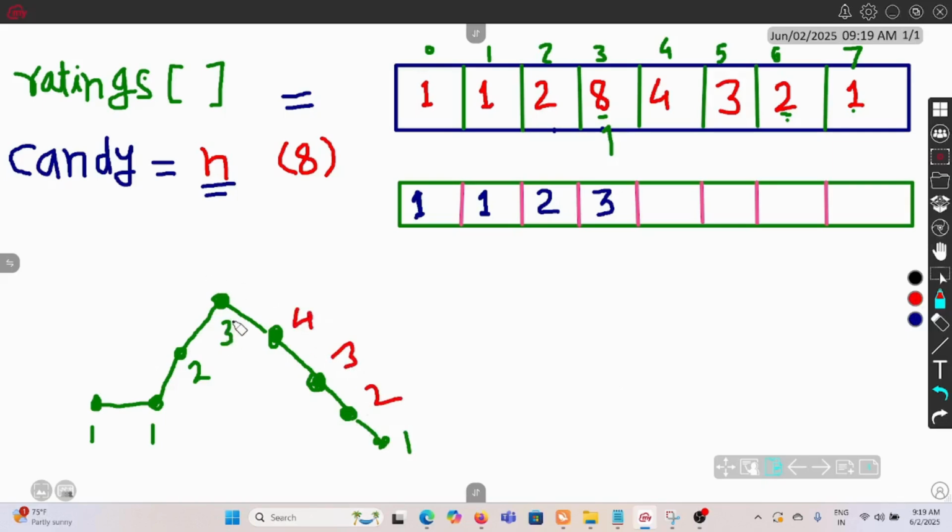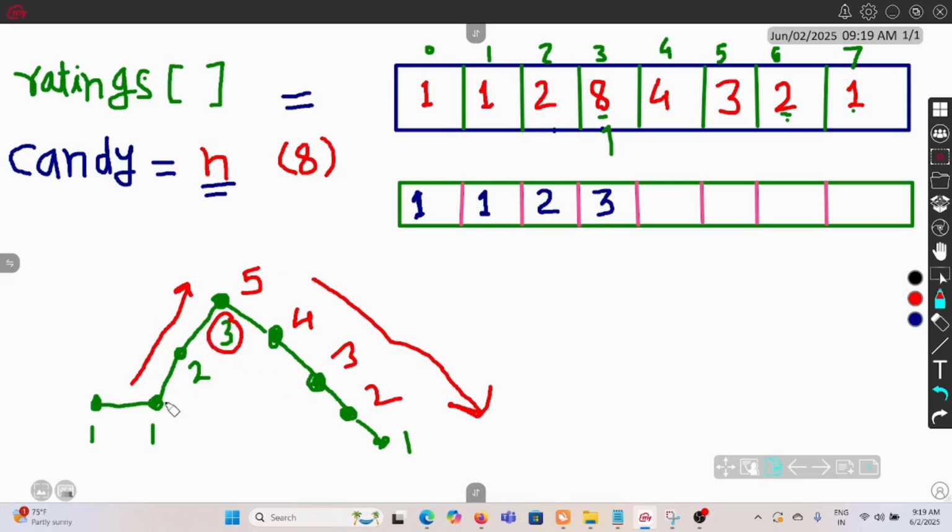But this guy we have already given 3, right? So if we want to satisfy everything, if we give 5 here, then everyone would be satisfied. This down bar is also satisfied, and this up bar would also be satisfied. So what we are doing here is picking the maximum depth.